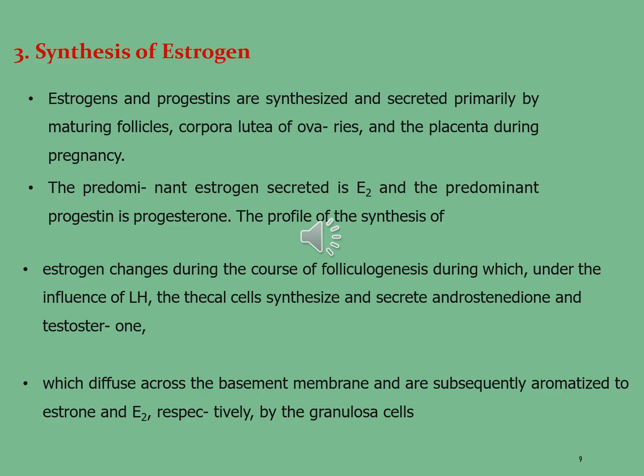The profile of the synthesis of estrogen changes during the course of folliculogenesis, during which, under the influence of LH, the thecal cells synthesize and secrete androstenedione and testosterone, which diffuse across the basement membrane and are subsequently aromatized to estrone and E2 respectively by the granulosa cells.